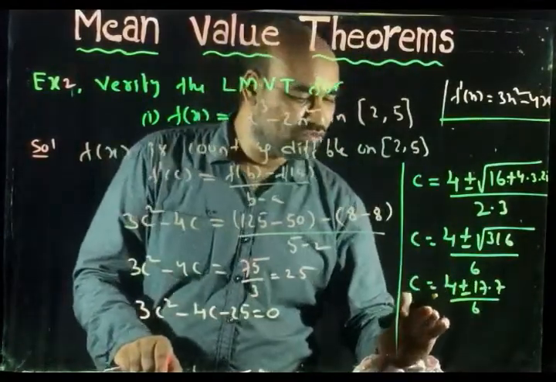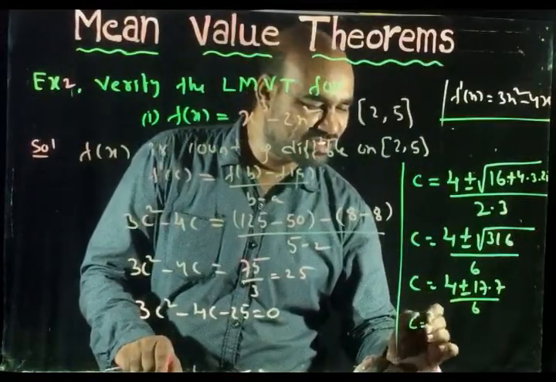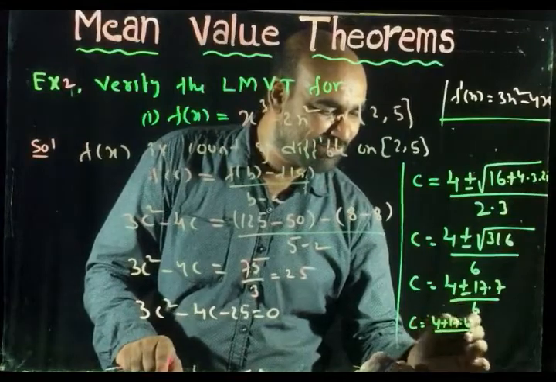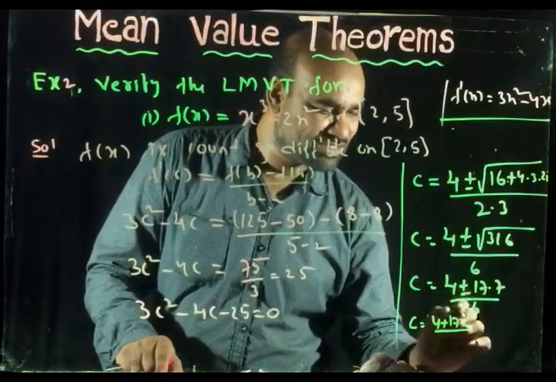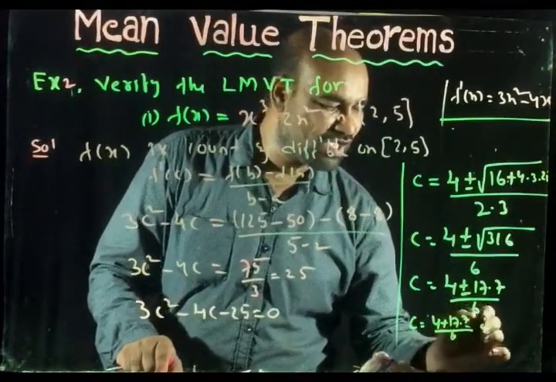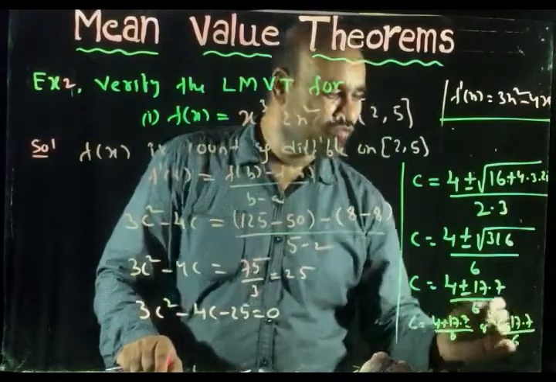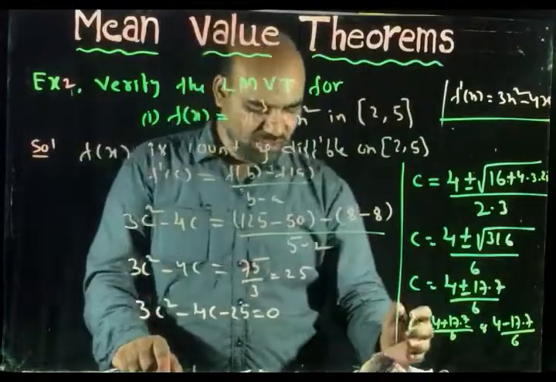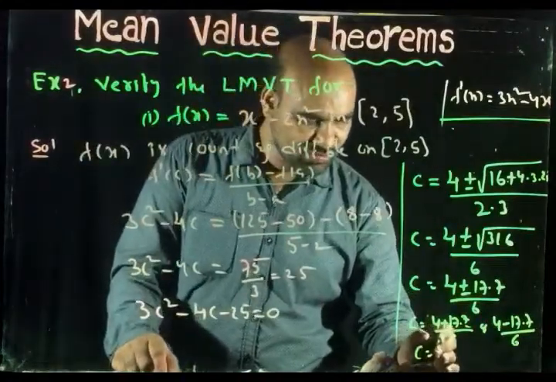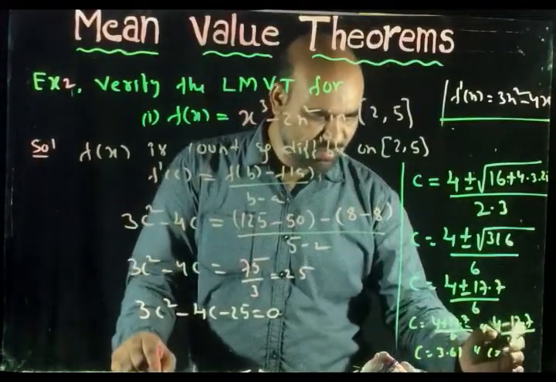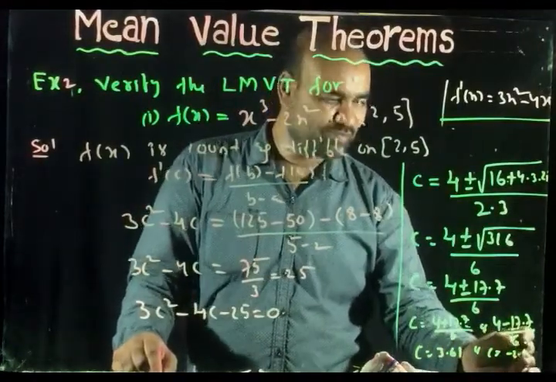So we are getting two values of c: c is equal to 4 plus 17.7 by 6, or 4 minus 17.7 by 6. So we are getting c equal to 3.61 or c equal to minus 2 point something.